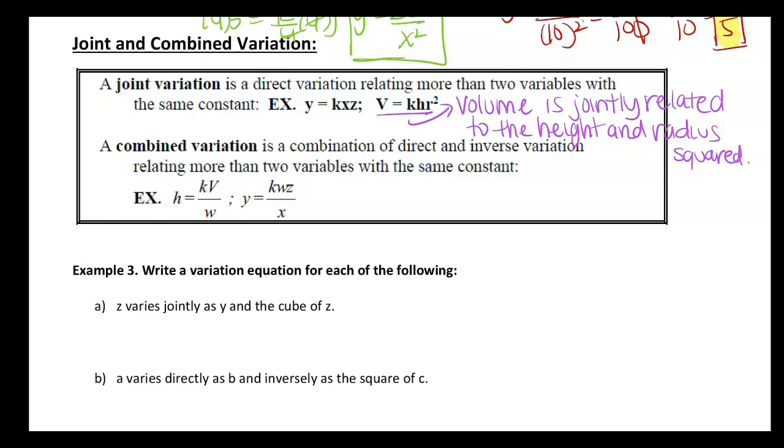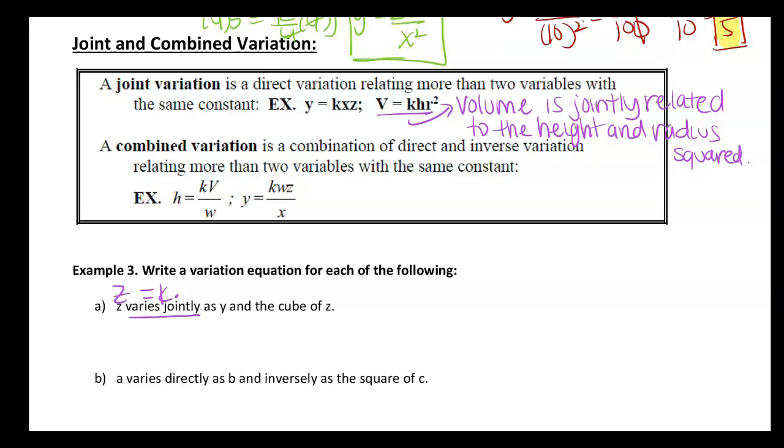For letter A, it says z varies jointly as y and the cube of z. If you see that part that says varies jointly, that's a slap in the face that you have a direct variation that's being jointly looked at, and you want to make sure you multiply both of them. So I'm going to write this out as equals k times, because we're going to multiply.